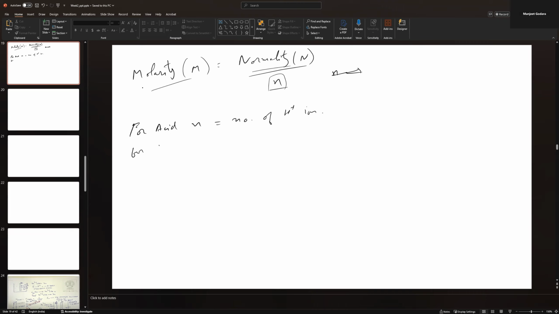For bases, n is equal to the number of OH minus. For any other redox reaction, n is equal to the number of electrons transferred.